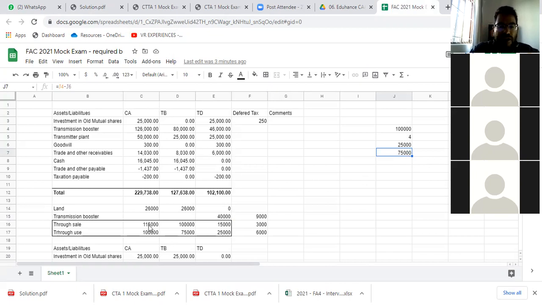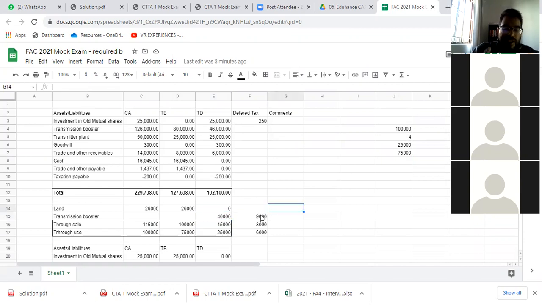The sale part is the amount that exceeds your cost price. That's what we're doing over there. And the through use is just cost price minus your tax base, which will give us 25. Ultimately, you want this 40,000. You want the total temporary difference to be carrying amount 115 versus tax base of 75. Okay, so just remember that.